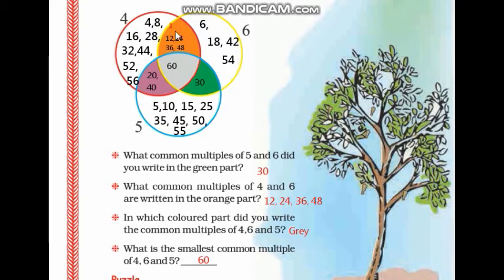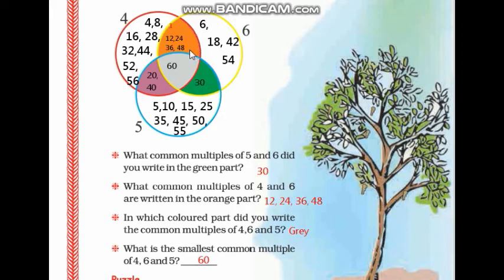Here in the orange part I have written the common multiples of 4 and 6. That means 12. 12 is coming in both the tables. 4 3s are 12, 6 2s are 12. 24: 4 6s are 24, 6 4s are 24. 36: 4 9s are 36 and 6 6s are 36. 48: 12 4s are 48, and in the table of 6, 6 8s are 48.